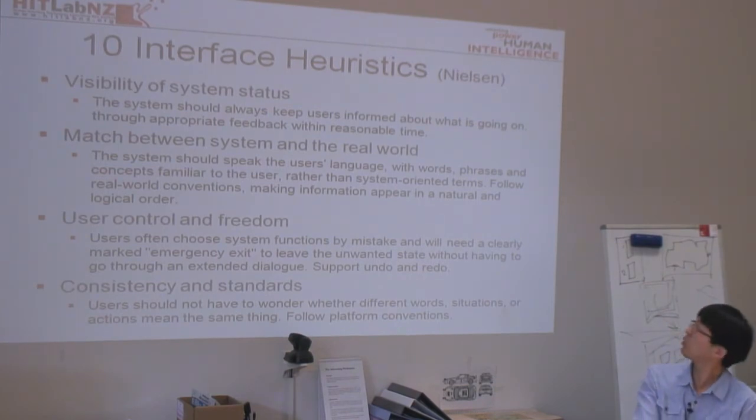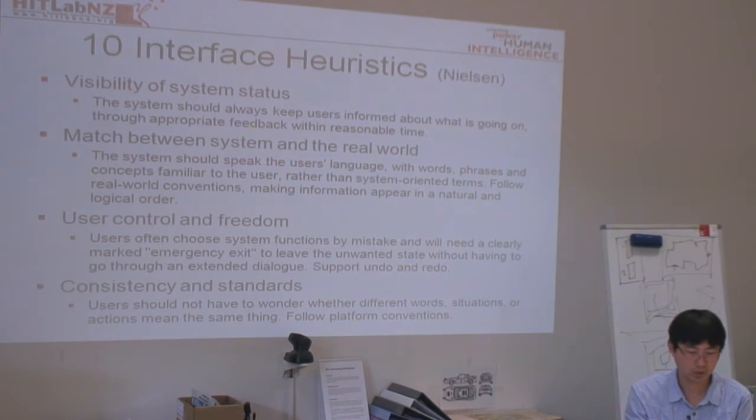So these are some examples of heuristic rules. These are the 10 interface heuristic rules proposed by Nielsen, who is again one of the big names in usability testing. It involves visibility of system status, which means the user should be aware of what kind of status he is in.